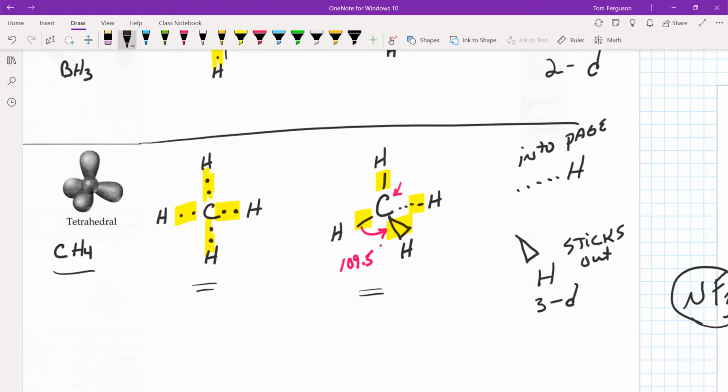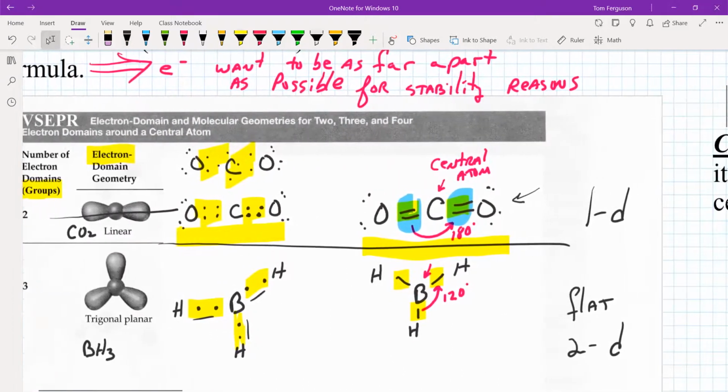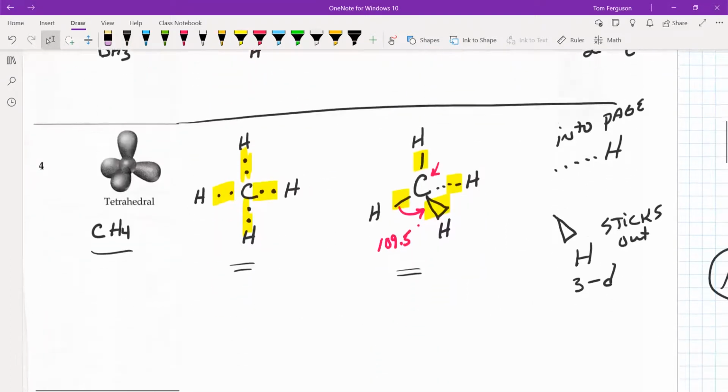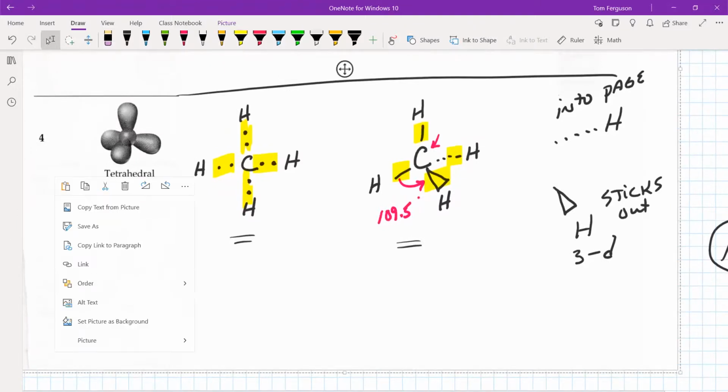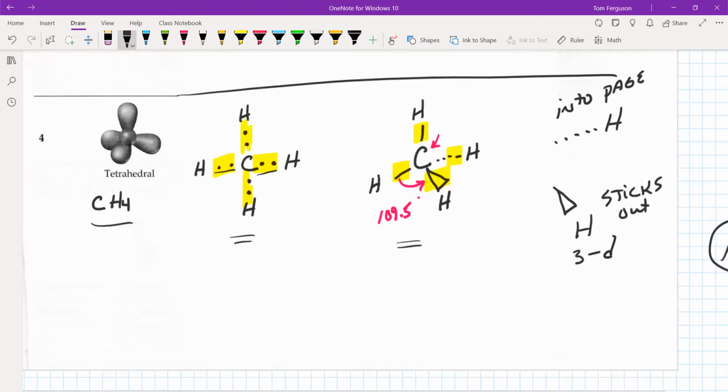Now, this would have 4 electron domains or 4 groups of electrons. 1, 2, 3, 4.